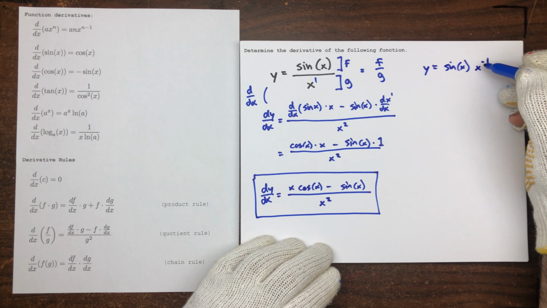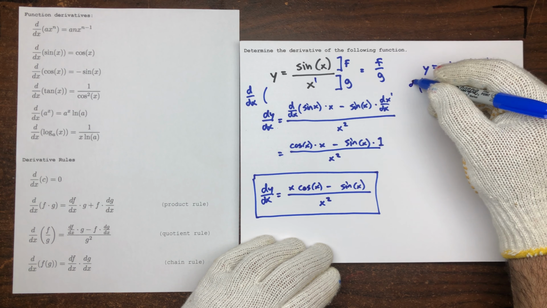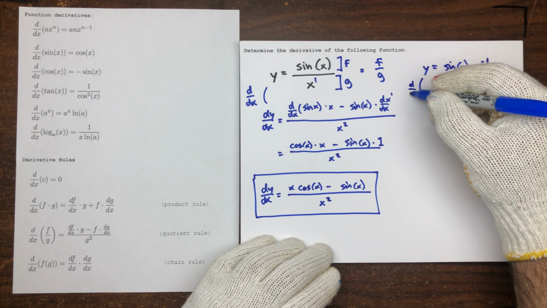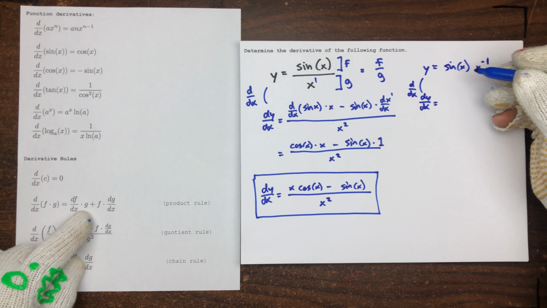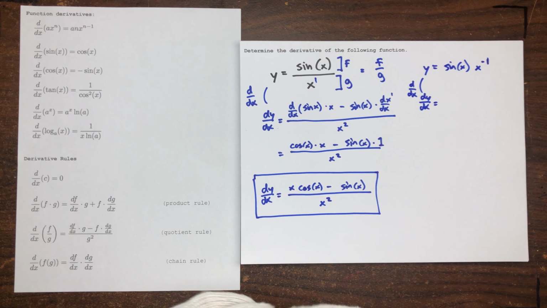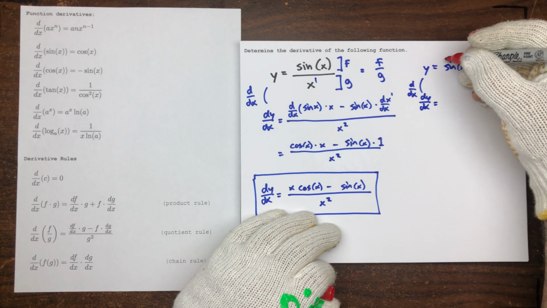Okay, and now we can use product rule. So if we take the derivative here, d by dx, so it'll be dy by dx, and remember the product rule here, it is going to be df by dx times g, plus f times dg by dx, where here is going to be my f, and here is my g.